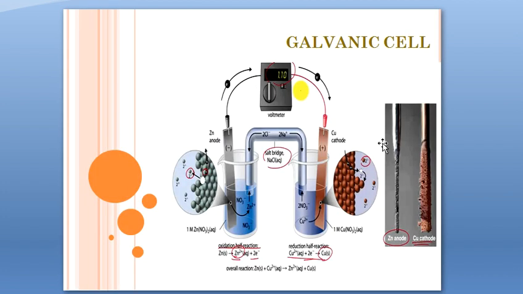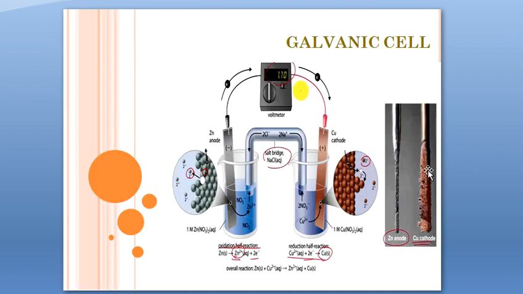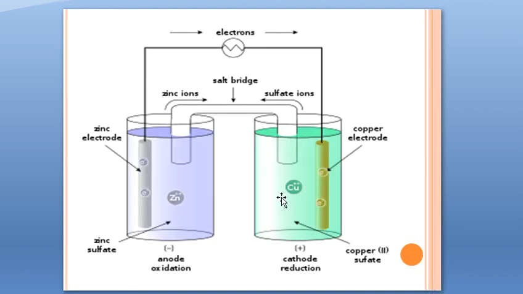With time it is depleting. You can see that the size of the zinc rod is decreasing because of its depletion, its oxidation. On the other hand, copper is getting deposited on the copper electrode. Over and above its own size, more copper is forming on it, the copper that is discharged because of this redox reaction, right?